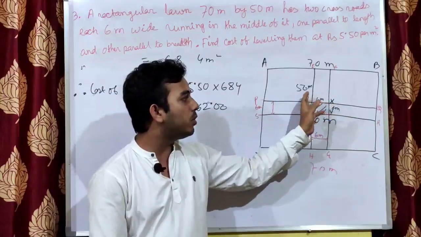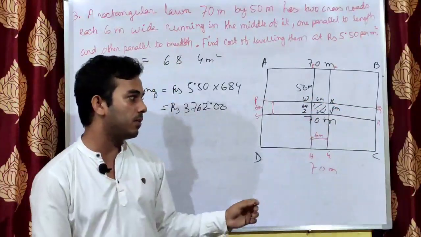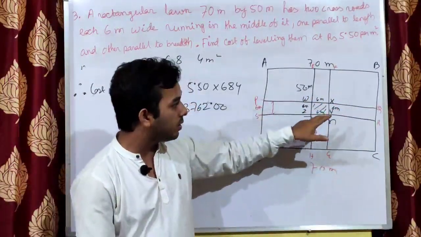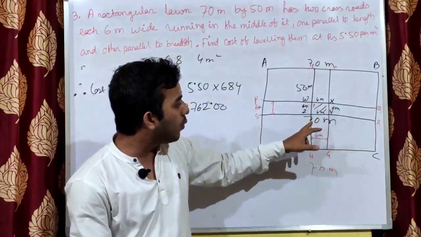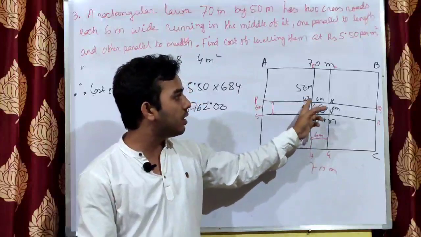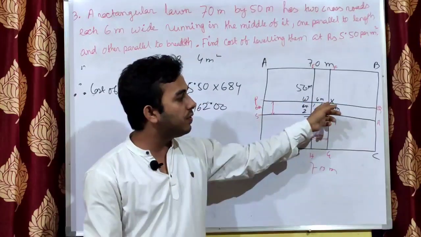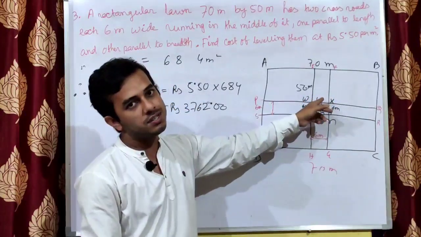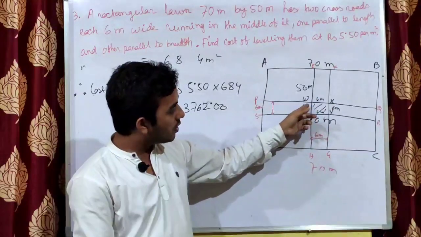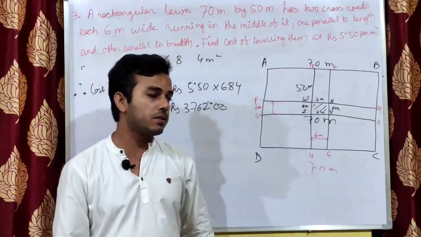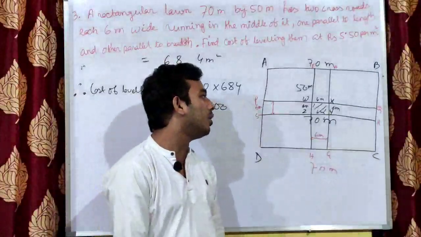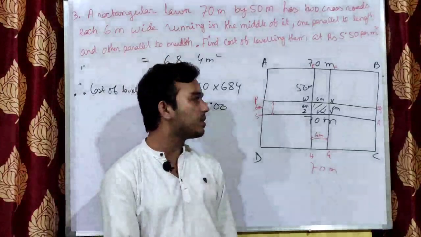We have named them W, X, Y, Z. So its length will be how much? Suppose we are considering WX. WX is what? Width of EFGH, and we know width of EFGH is 6. And this side WZ is what? Width of PQRS, and we also know width of PQRS is 6.